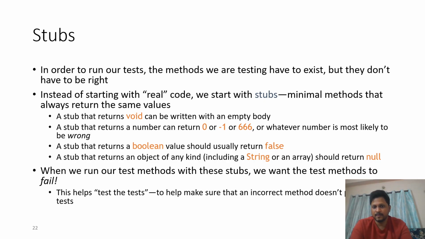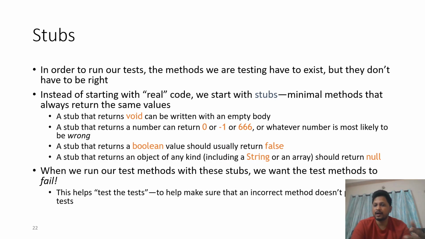A stub that returns a number returns 0 or 1 or some number like 666, whatever is most likely to be wrong. A stub that returns a boolean value should return false. A stub that returns an object of any kind, including a string or array, should return null.